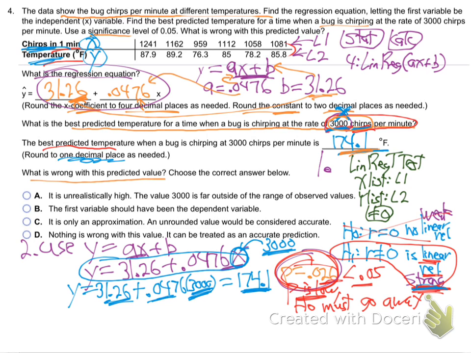What's wrong with this predicted value? A, it is unrealistically high. The value 3,000 is far outside the range. So you look up here at our chirps. We didn't have any chirp numbers around 3,000. The highest we had was like 1,241. So you can't use a number that's way outside of the data you collected.